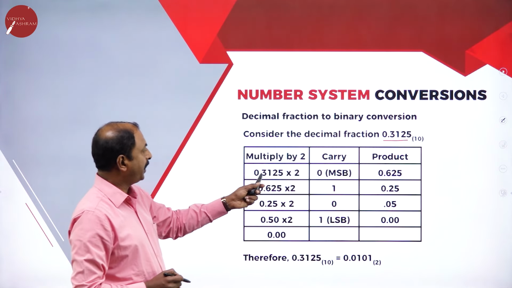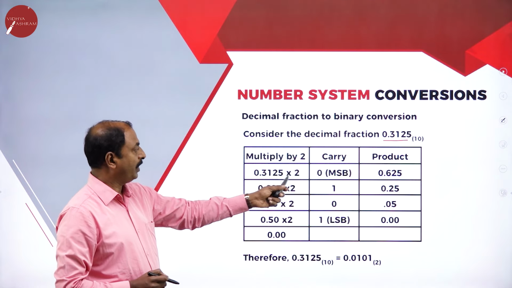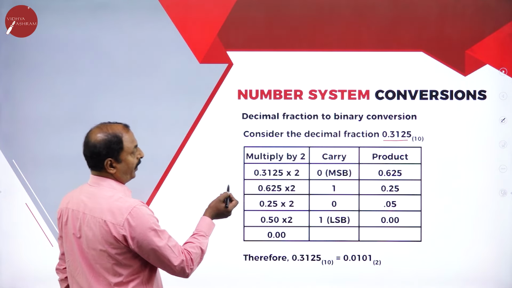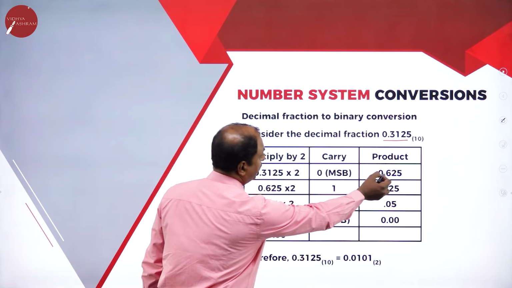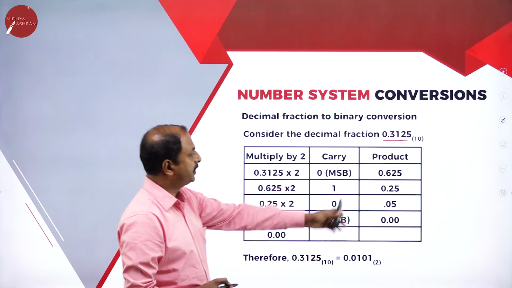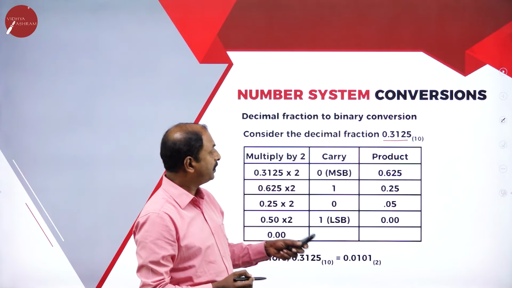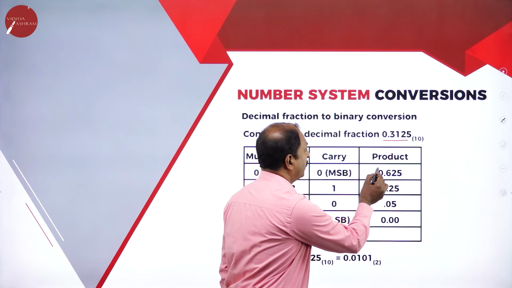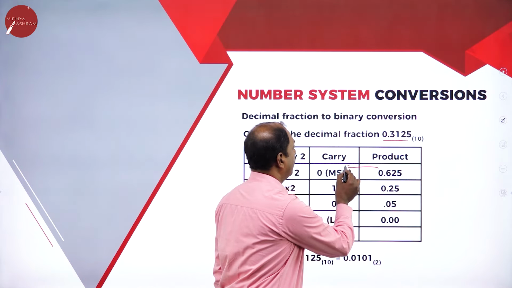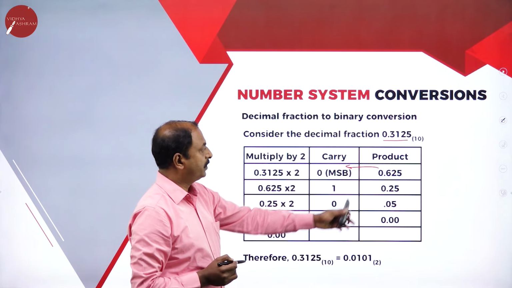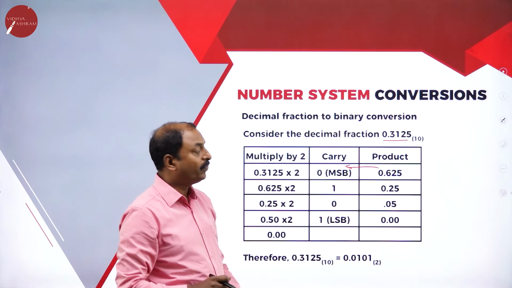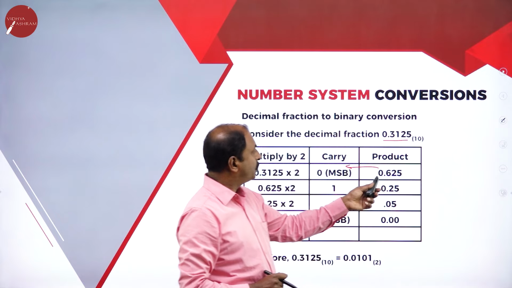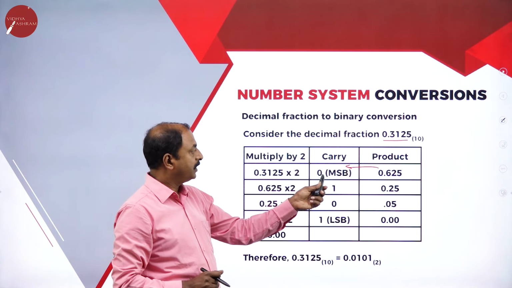When you multiply 0.3125 into 2, the value we get is 0.625. If you observe, the digit before the decimal point is 0. So this 0 we have to carry here as MSB. What we get before the decimal point, we store as a carry, 0.